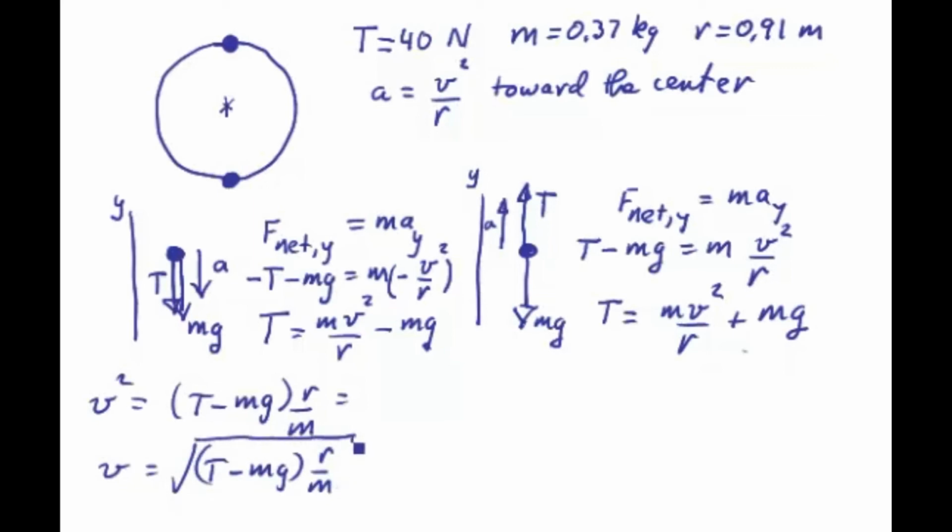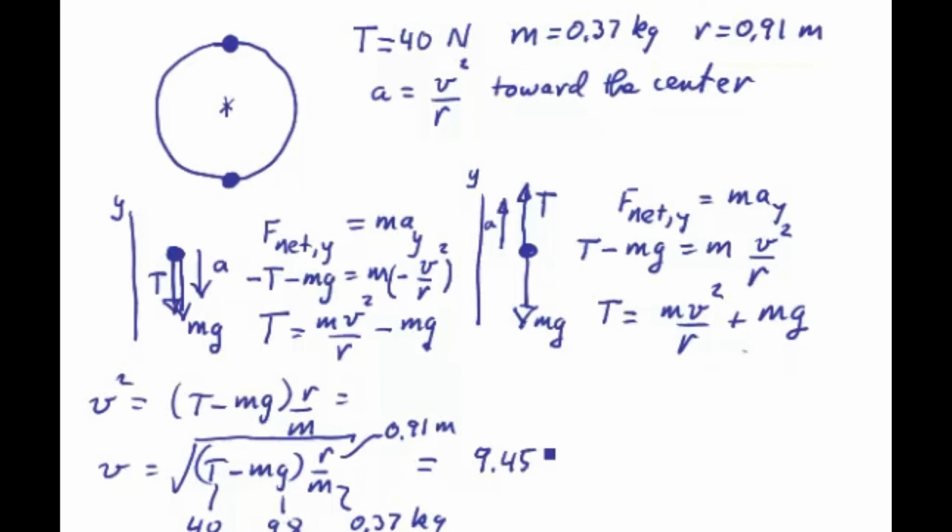This is the equation that you should get when you solve for the velocity. At this point, you want to start plugging in numbers. We have the radius, the mass of the stone, the tension, gravity, and the mass again.